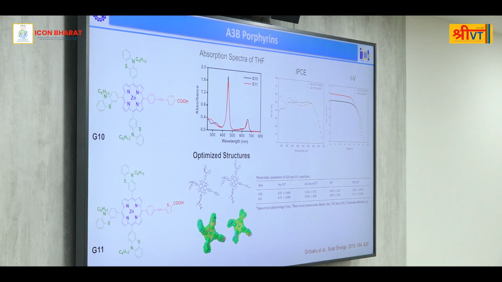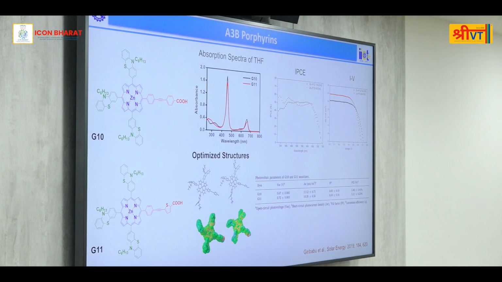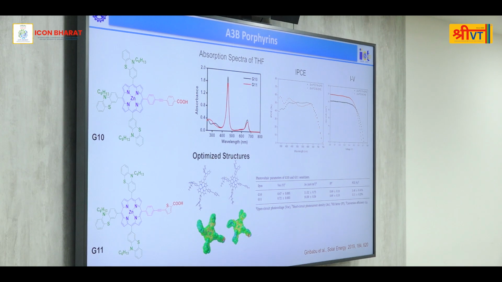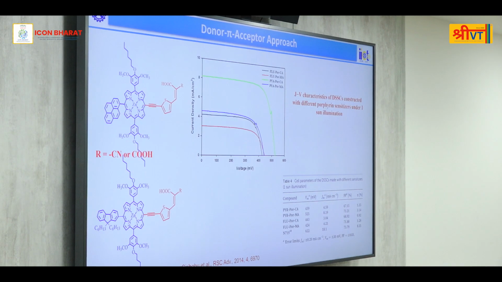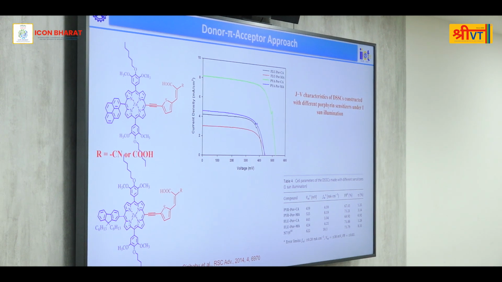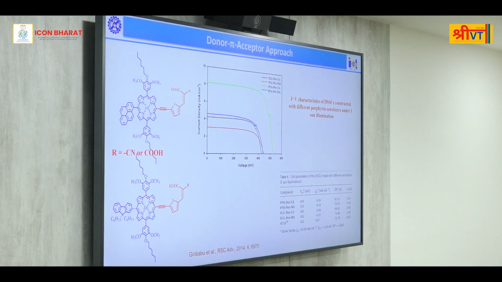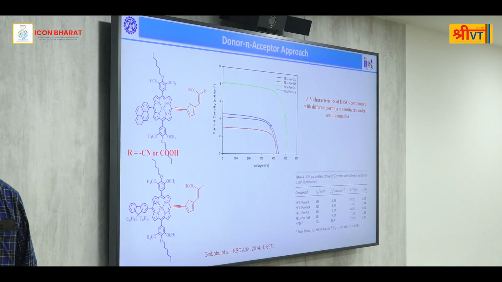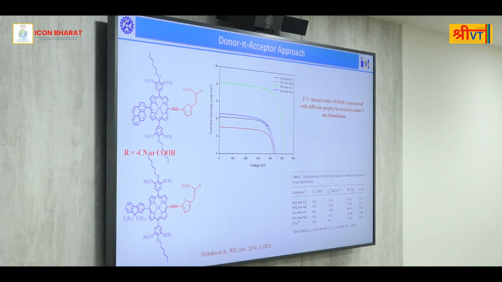But for technology, because I am selling the technology, I am representing the CSR Institute, and they don't care about publications or academic research. They always think about technology, commercialization, and such words. So then we slightly changed the design structure, but very unfortunately, here also it was 3% efficiency only.